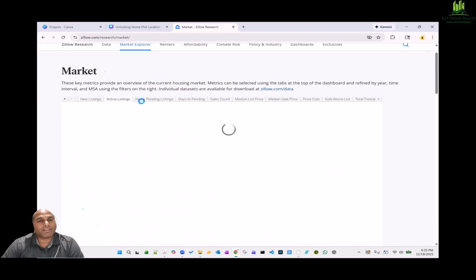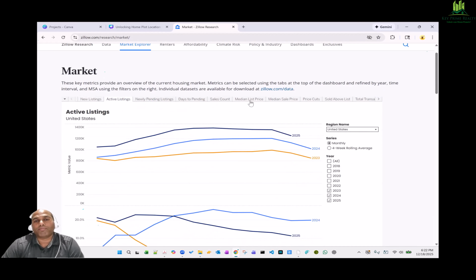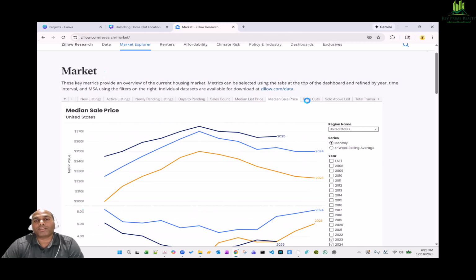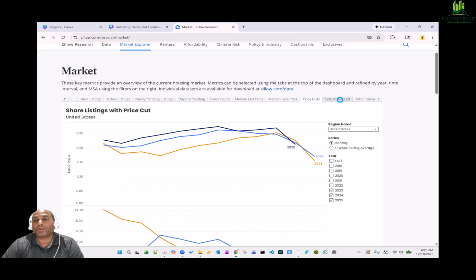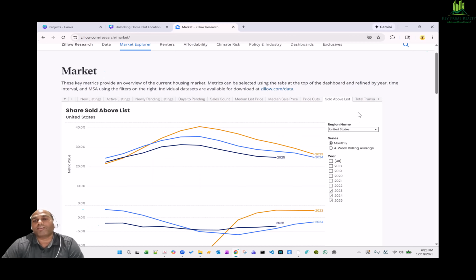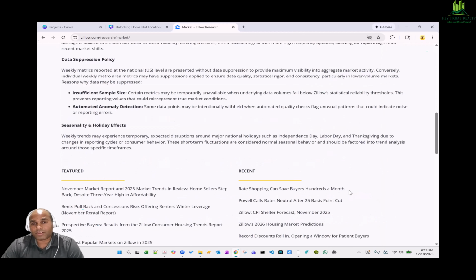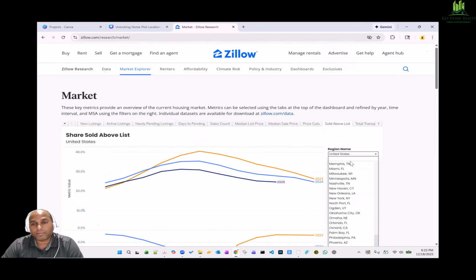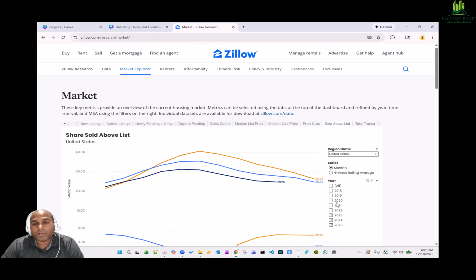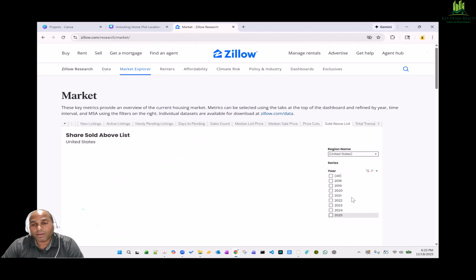New listings, active listings, pending listings, median list price, median sale price, price cuts, sold above list. So it has a whole lot of information, and it can be done through various regions. You can go through the metros, and it can be compared between years too. So you can see how 2019 compares versus 2025.